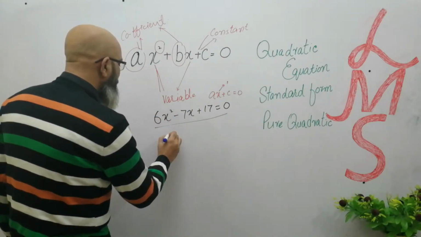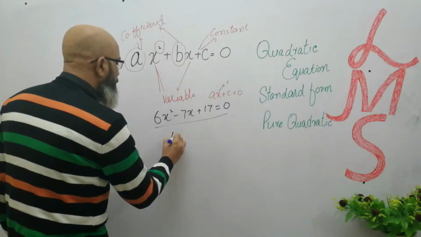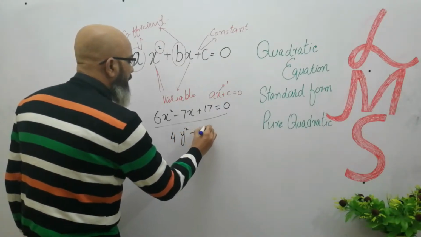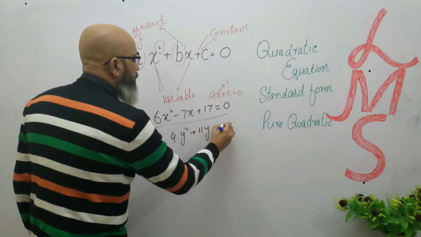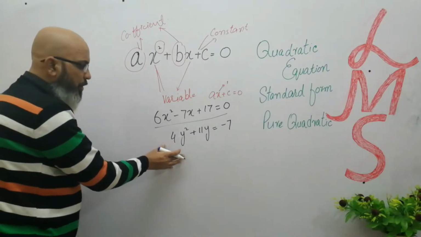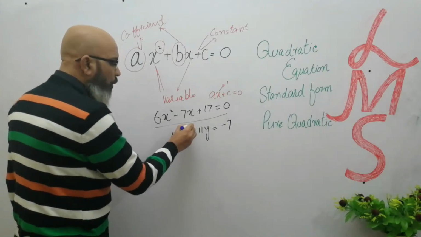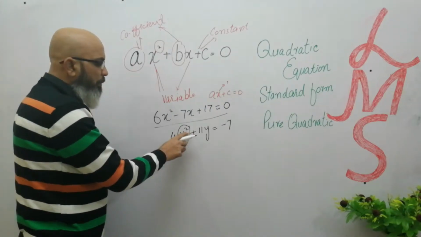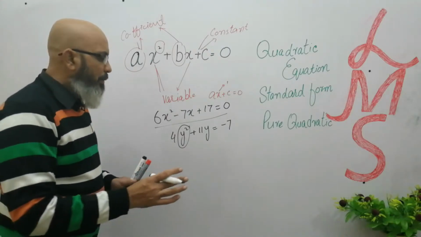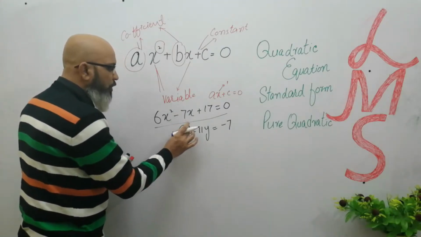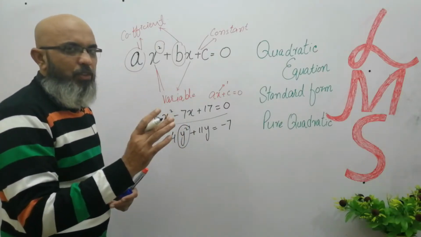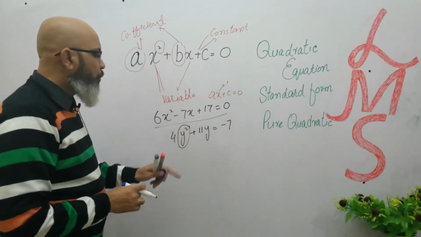I write another equation like 4y square plus 11y is equal to minus 7. So this is another example of quadratic equation in which your variable is y. Your variable is y, but highest degree is the same, that is 2. So condition of quadratic equation is that कि आपका सबसे हाईएस्ट वैल्यू होनी चाहिए वेरिएबल्स की, वो स्क्वायर में होनी चाहिए, उसकी सेकंड डिग्री होनी चाहिए, या उसको कह सकते हैं उसकी पावर 2 होनी चाहिए.